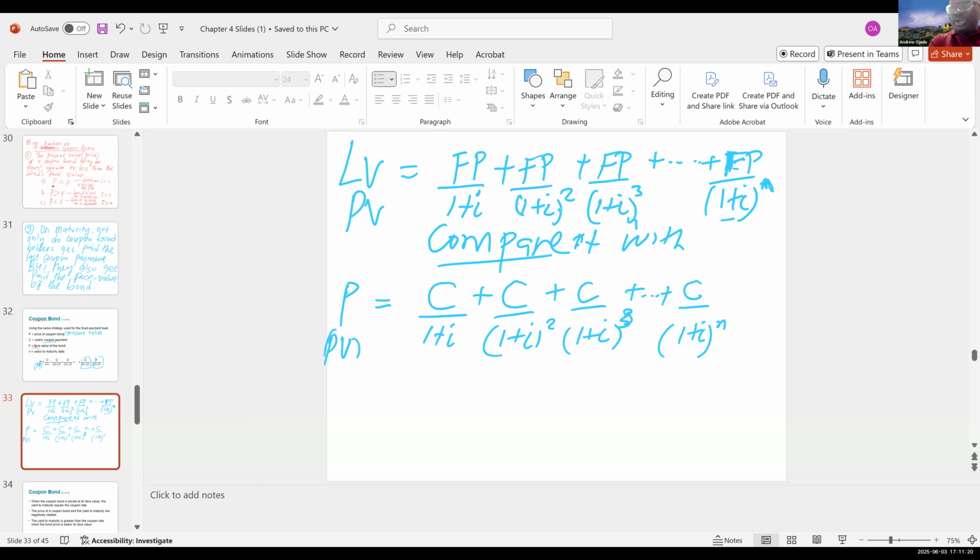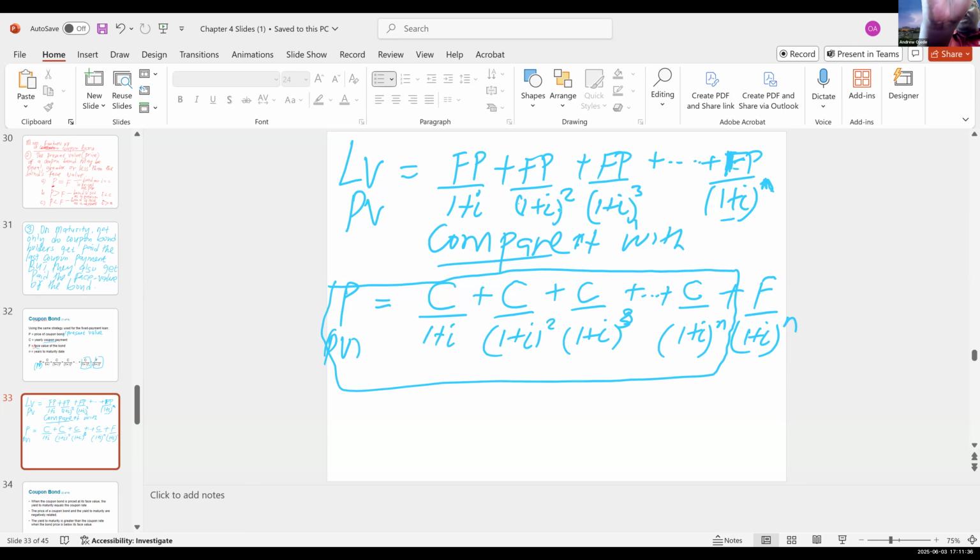And then for the coupon bond, not only do you get the last coupon payment, you also get paid the face value back on maturity of your bond, over 1 plus i to the power n. So when you compare these formulas, the first part of this formula, which ends here, is identical to this one.